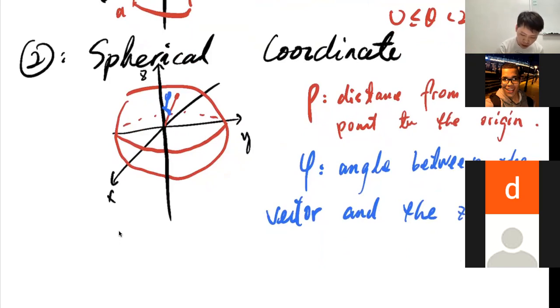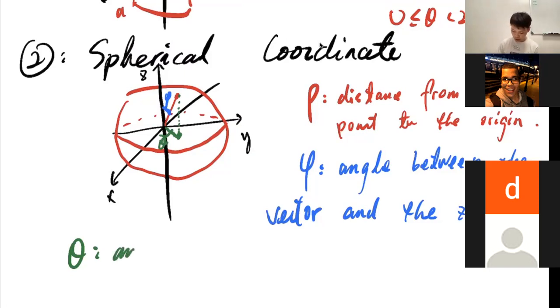The last one is the angle theta. Choose this color, your theta. So what is theta? It is when you project your points on the XY plane, the angle between the projected vector and the x-axis.